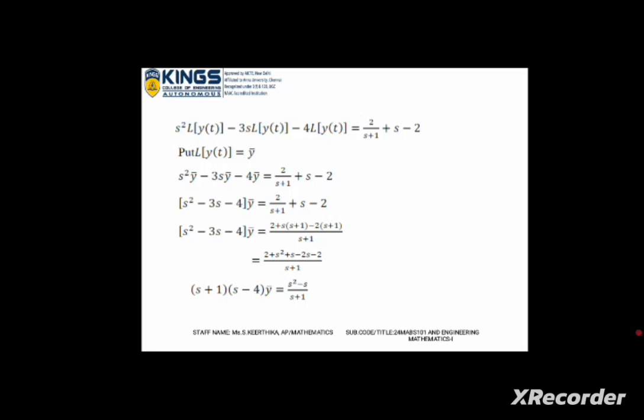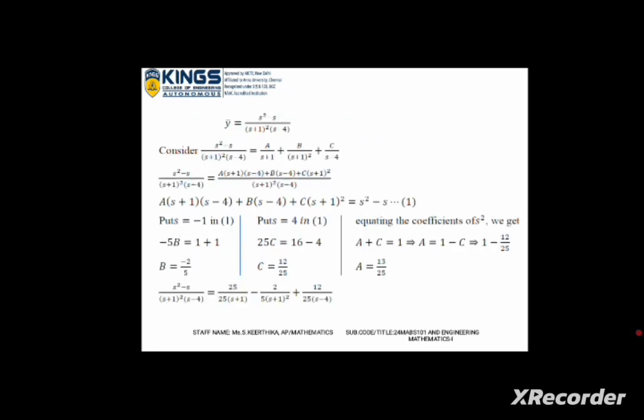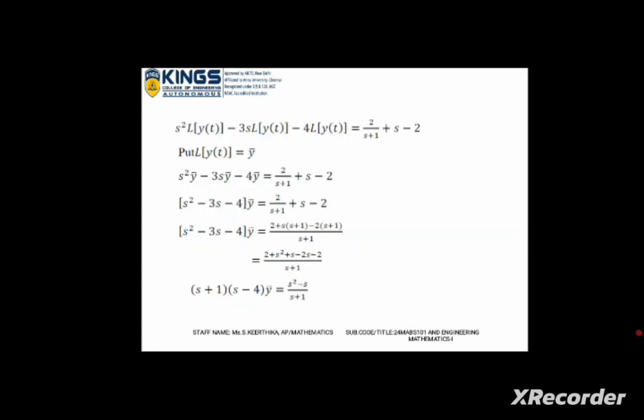Then the left side can be written as the right side divided by it. So y bar equal to s squared minus s by s plus 1 the whole squared into s minus 4. That is, see, the 2 plus s squared plus s minus 2s minus 2.